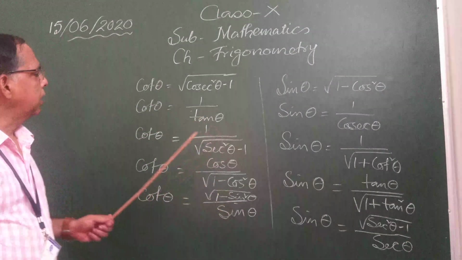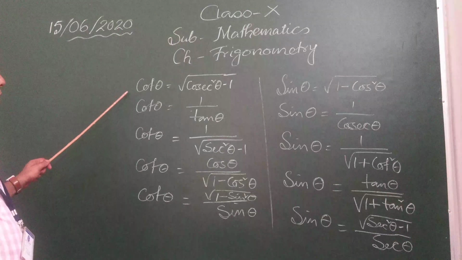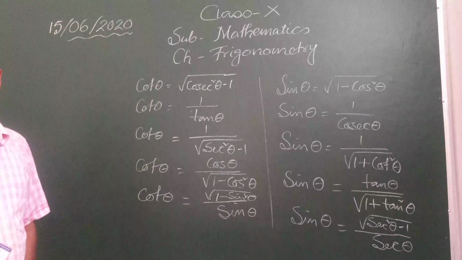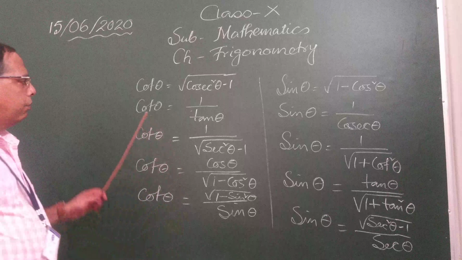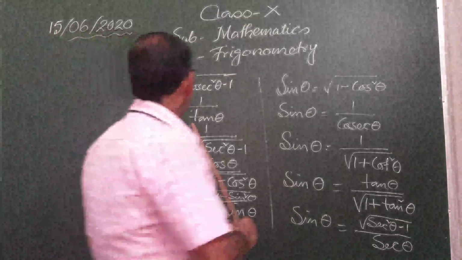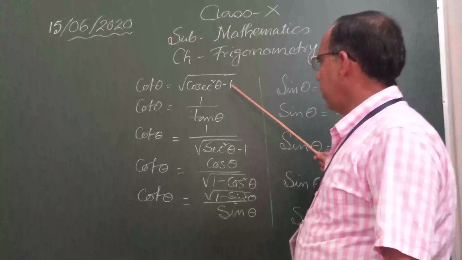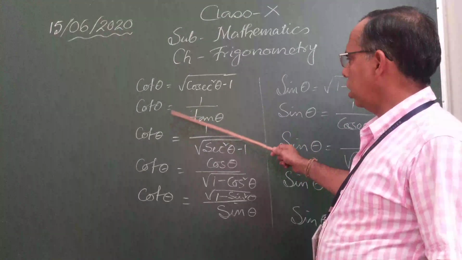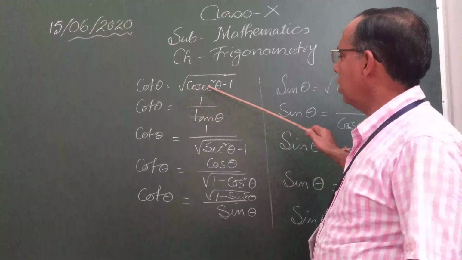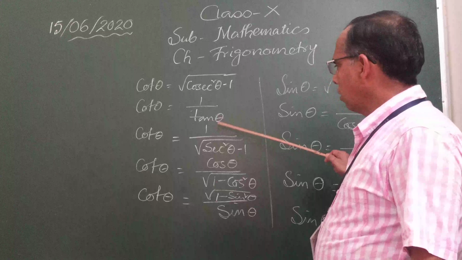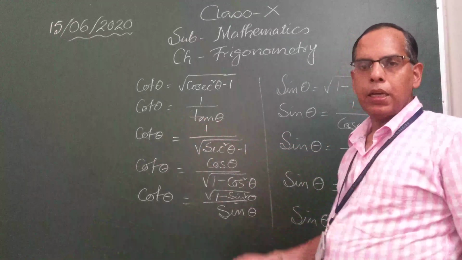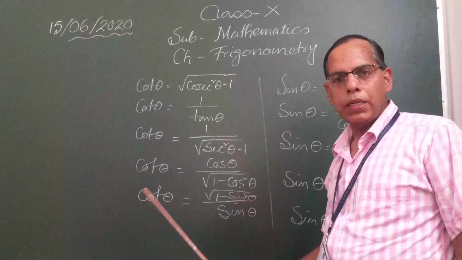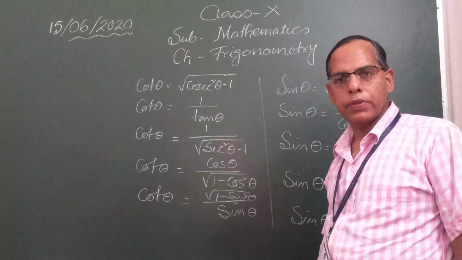Next, you see I have expressed cot theta in terms of the other remaining 5 trigonometric ratios. What is that? Cot theta equals root over cosec square theta minus 1. Then cot theta is the reciprocal, that is 1 by tan theta. Then tan theta and sec theta, there is a formula, so tan theta you have to express in terms of sec theta.